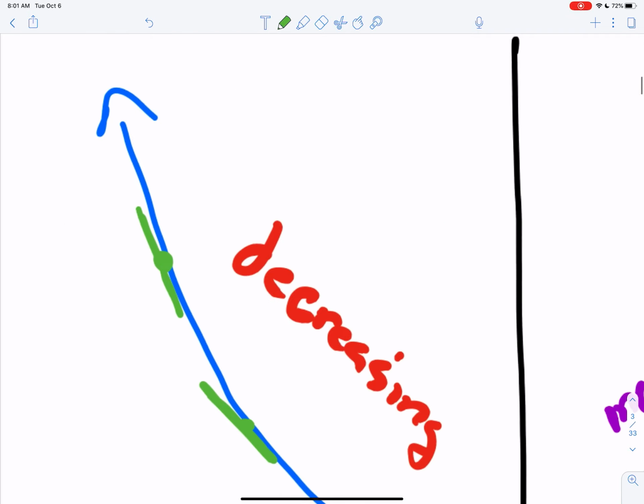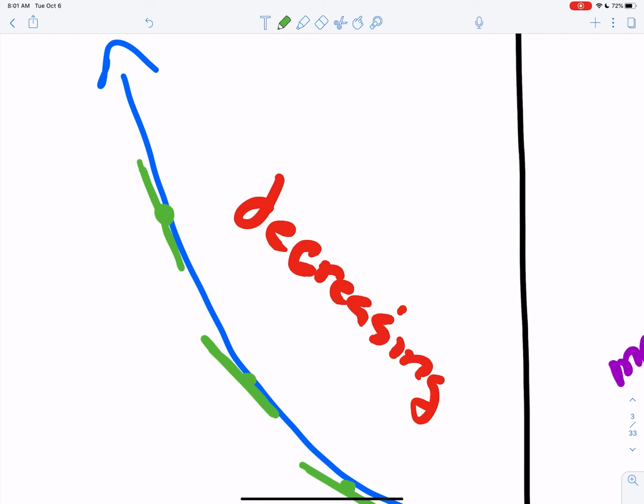So if you take a look at this first one here, this tangent line right here is pointing downwards, meaning that the slope has a negative value, because the only way to make a line point downwards is if the slope is negative. So I'm going to write it for the first one here, just for the first one. The slope is negative.